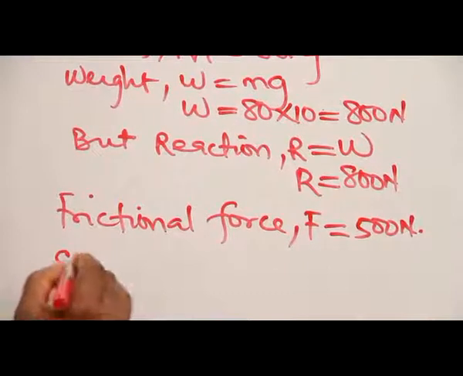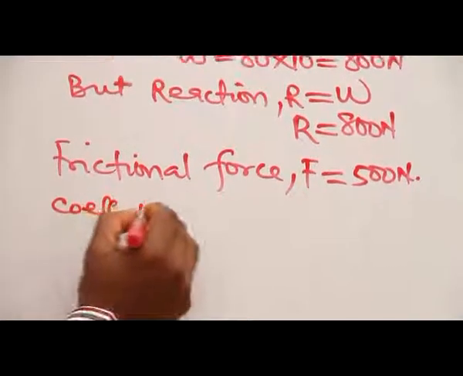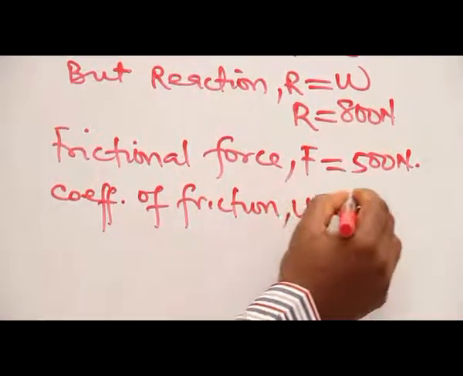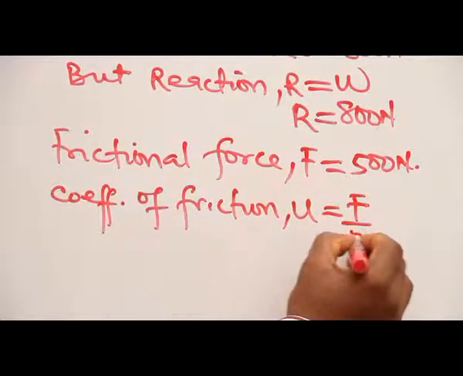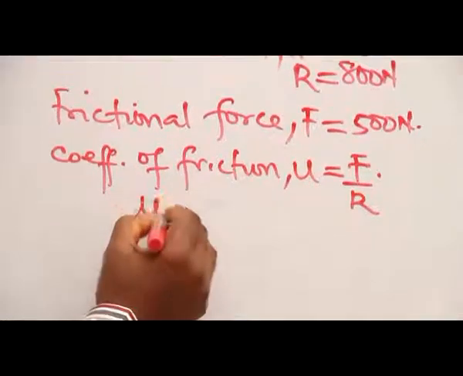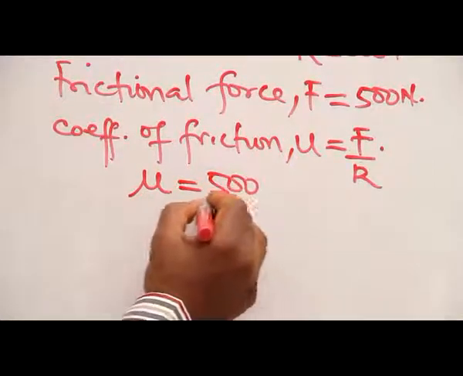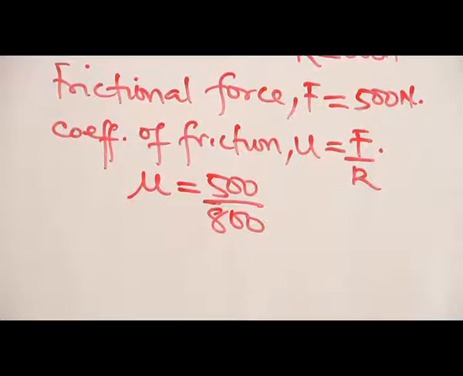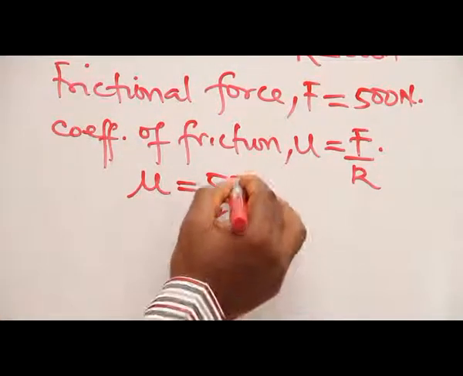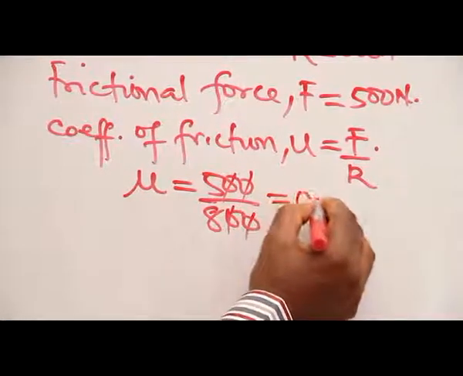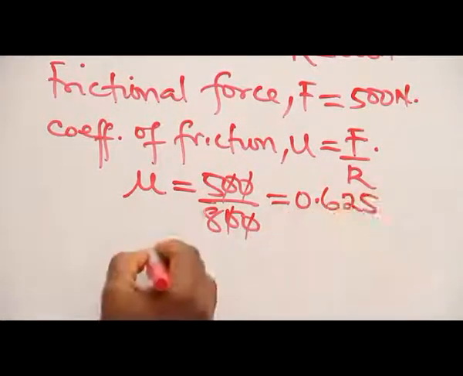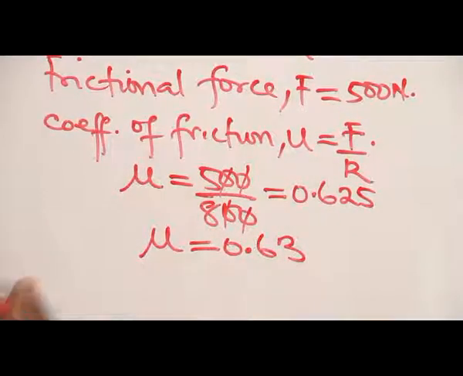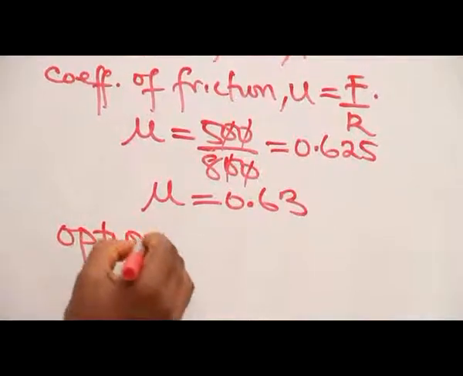Coefficient of friction is the ratio of the frictional force to the normal reaction. Therefore, coefficient of friction is 500 over 800. 500 divided by 800. When we do this, we end up getting 0.625, which is approximately equal to 0.63. Therefore, option B is correct.